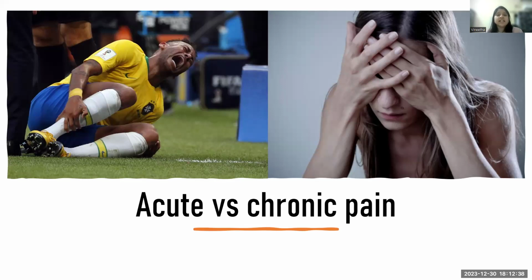Whenever you are dealing with a chronic pain patient, cancer or non-cancer, and after my fellowship I'm dealing more with non-cancer pain patients, this is an even more serious problem in non-cancer, because in cancer we know that the patient has cancer, so we tend to believe the patient. In non-cancer, the patient comes with back pain, neck pain, pain here, pain there.